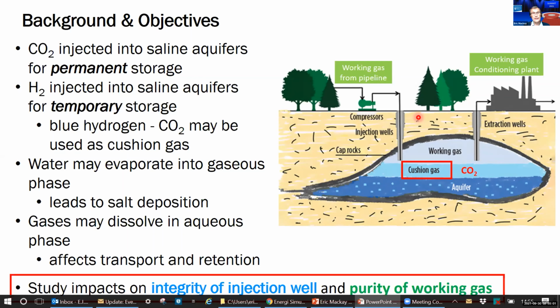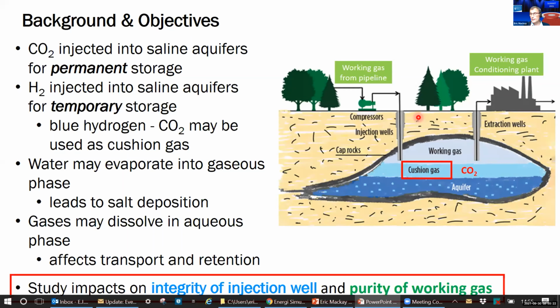We also get, in a hydrogen storage scenario using CO2 as a cushion gas, dissolution potentially of both, although it's predominantly of CO2 in the aqueous phase, and that can affect the transport and retention of the components.